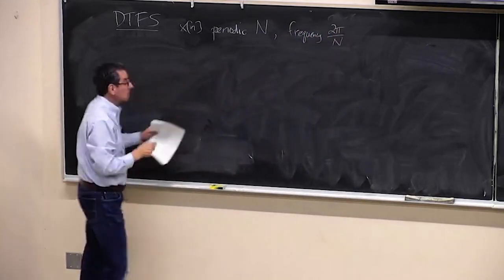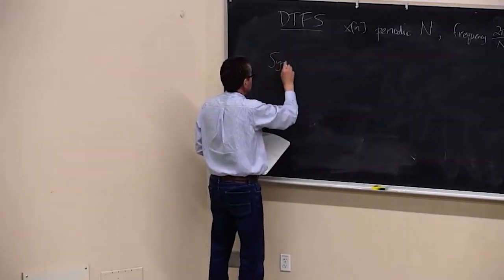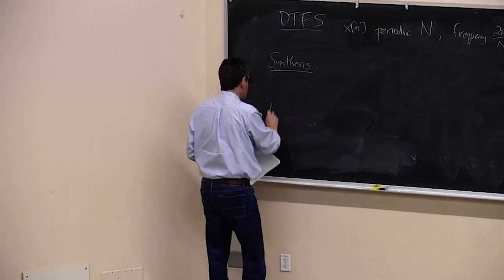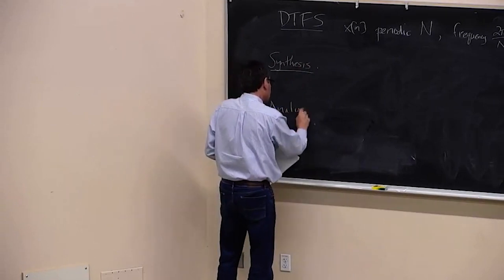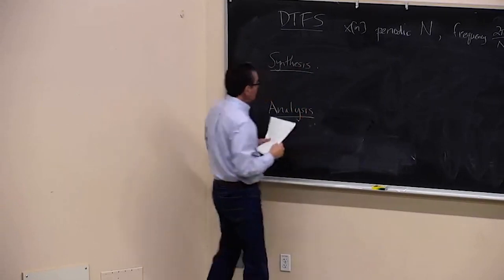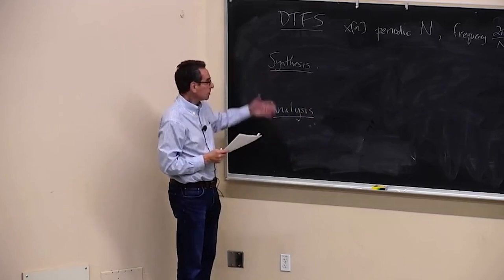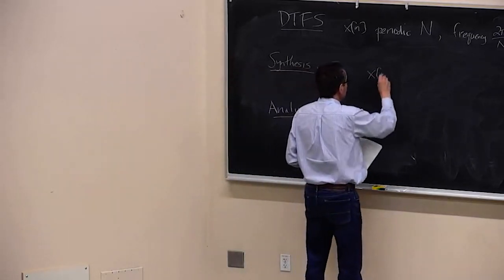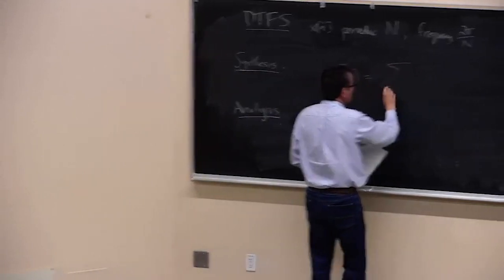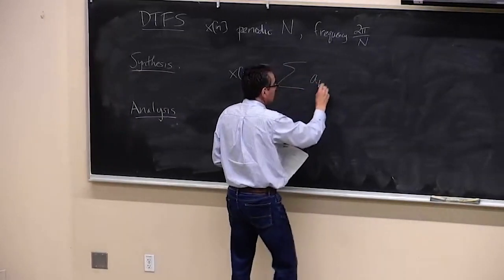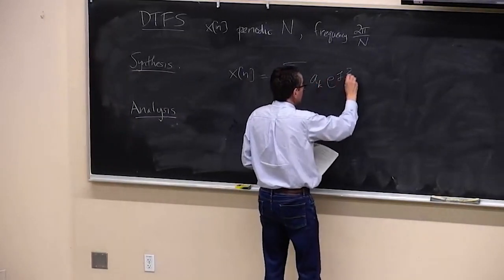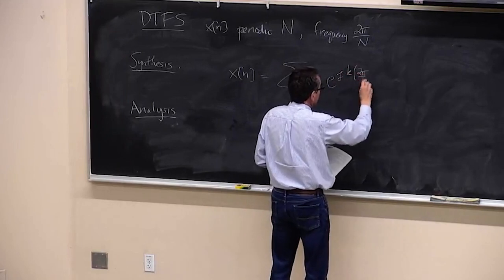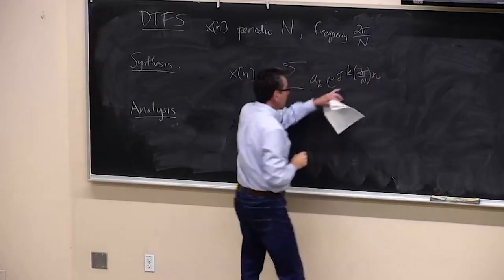And what we know that we could do for such signals is think about them in terms of a frequency domain representation, where we took a linear combination of these harmonically related complex exponential signals.